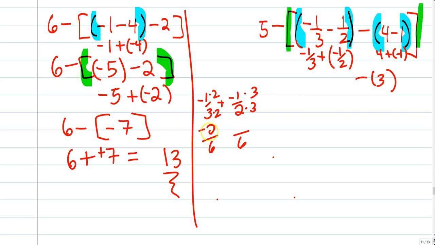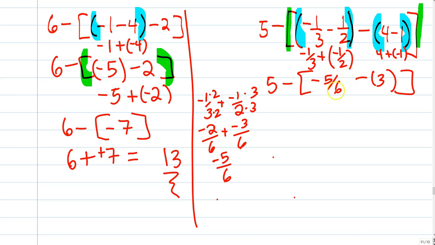So negative 2/6 plus negative 3/6. Common denominator, I can add those. Negative 2 plus negative 3 combine to give us negative 5/6. Okay, we're not done. We just started cleaning up the inside.